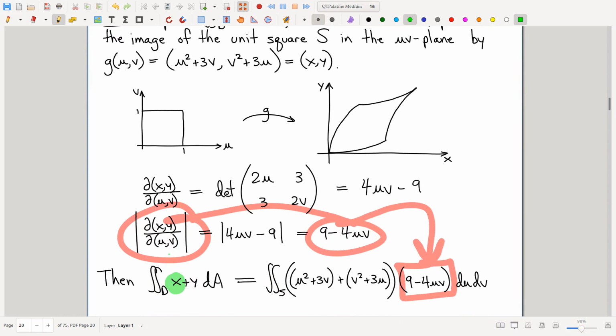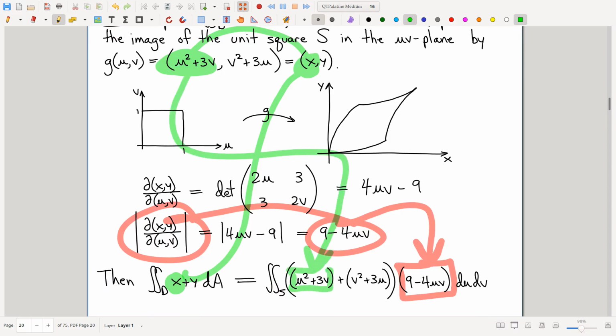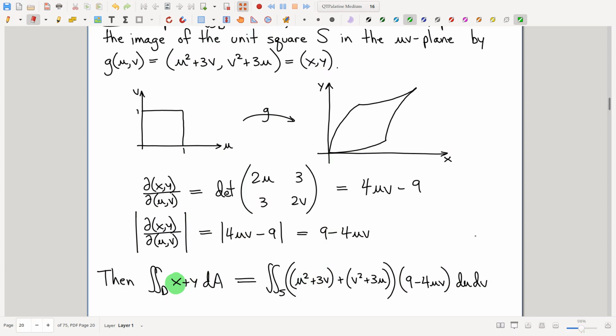x is u squared plus 3v, and you notice I just put that right in there. That's just plugging in, right? There's no tricky curve there. Likewise for y. And lo and behold, keep in mind what we started with.